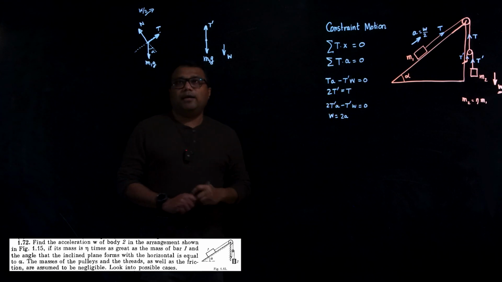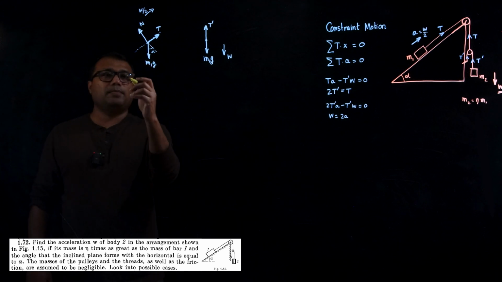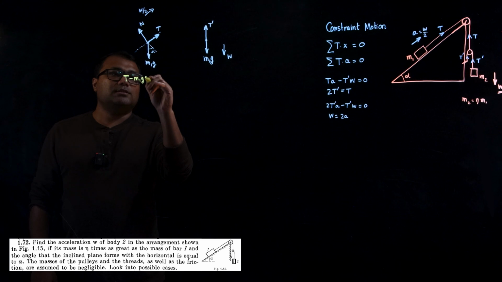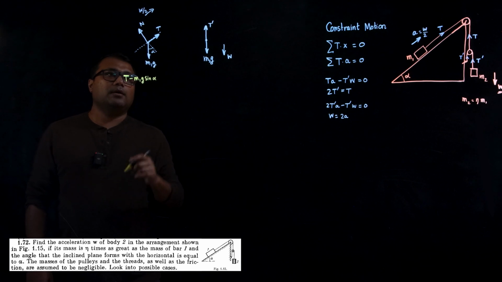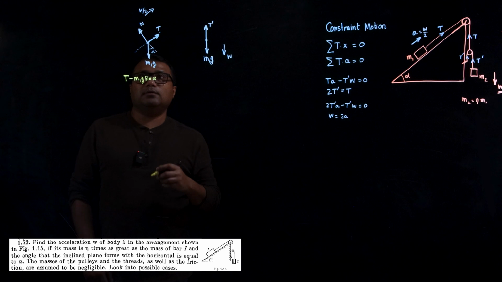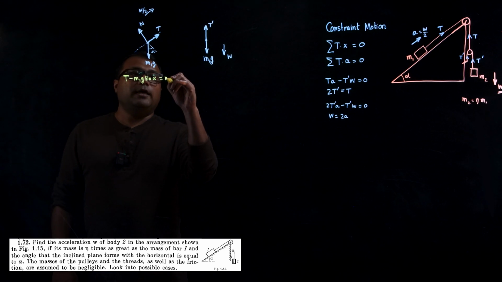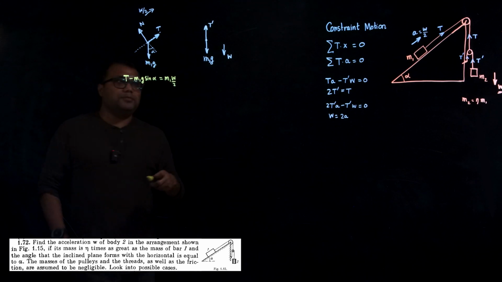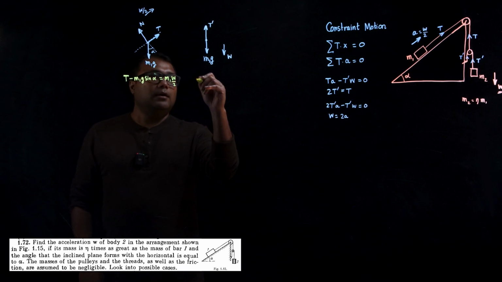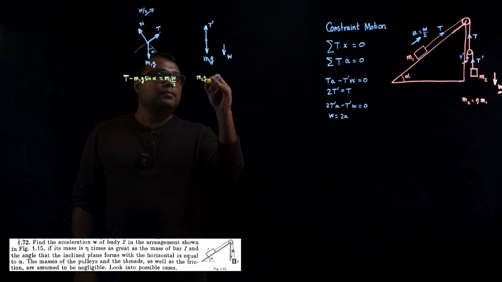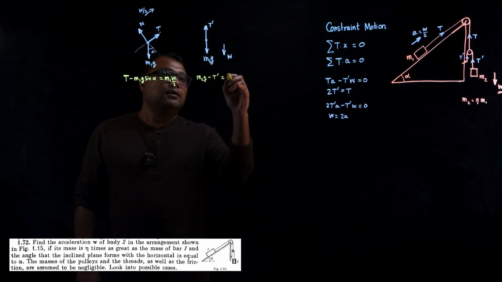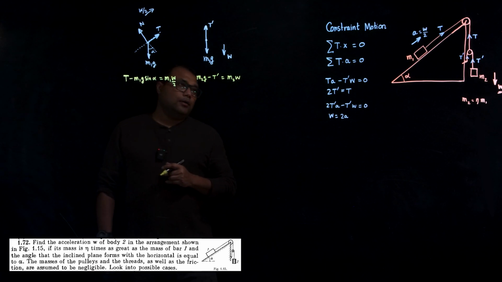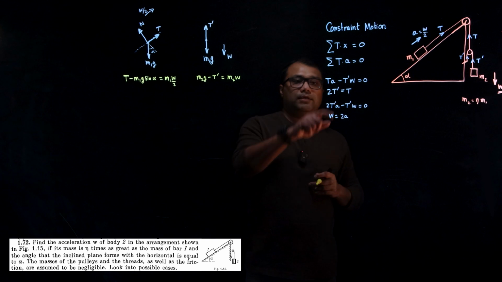So now that we have that, we can write the equations of motion. T minus M1G sine alpha, the component of M1G in this direction, is responsible for M1's acceleration, which is M1 W by 2. From the other one we can write M2G minus T dashed is M2W. Now we also have this relation of T and T dashed.